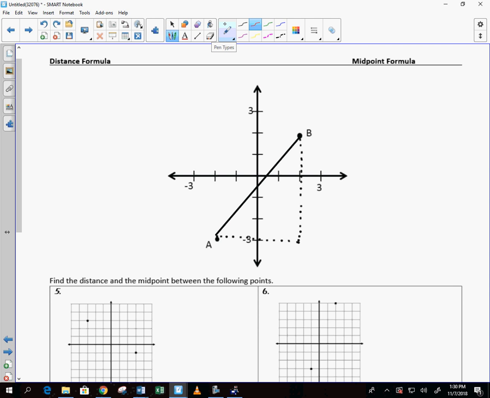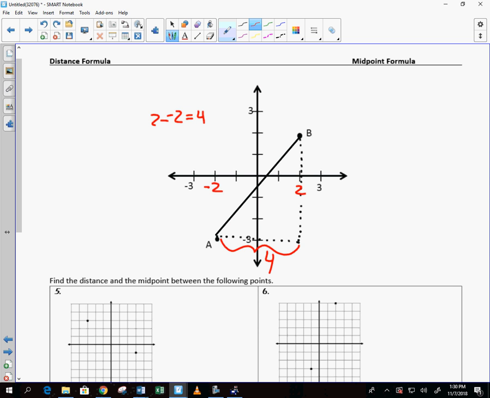Can somebody tell me what this length is here? It's 4. If you notice, I go from 2 over to negative 2. 2 minus negative 2 is 4. And so this length is 4.